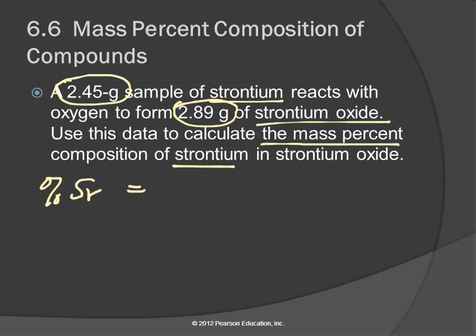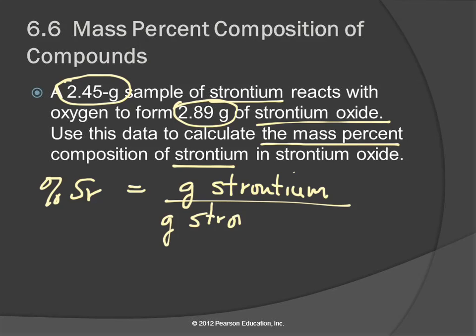So we want the percent strontium. That will equal the grams of strontium divided by the grams of strontium oxide. The part over the whole. The mass of just the element divided by the mass of the whole compound. And then times 100 to make it a percentage.